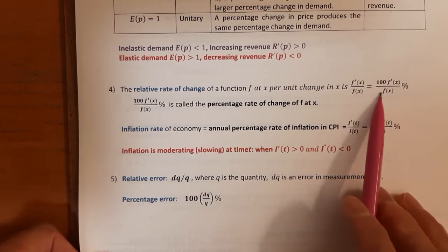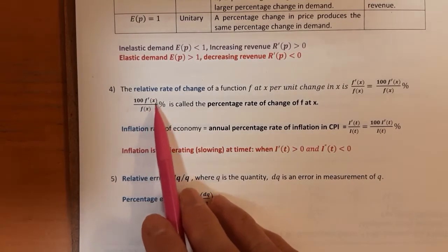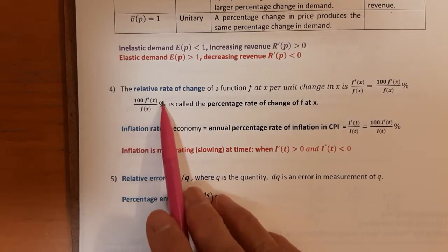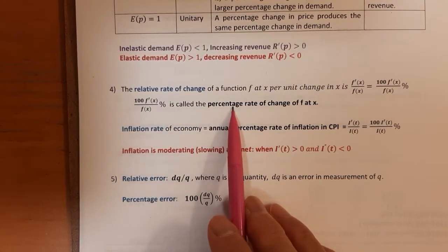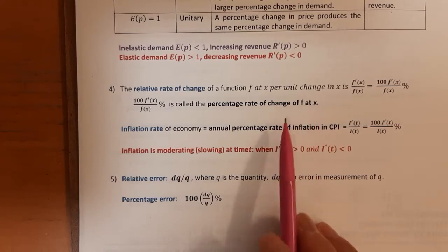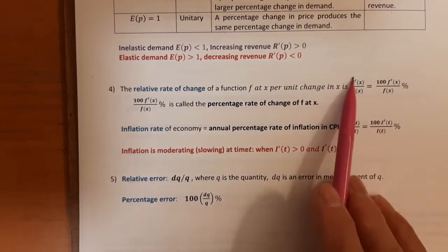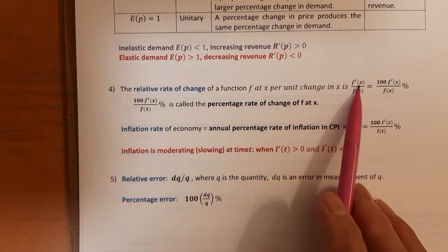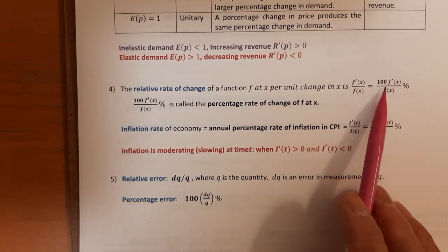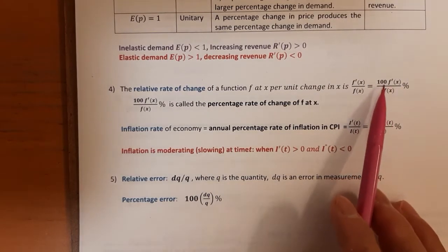And this, 100 times f prime of x over f of x percent, is called the percentage rate of change of f at x. So the relative rate of change is changed to a percentage, and this we call the percentage rate of change.